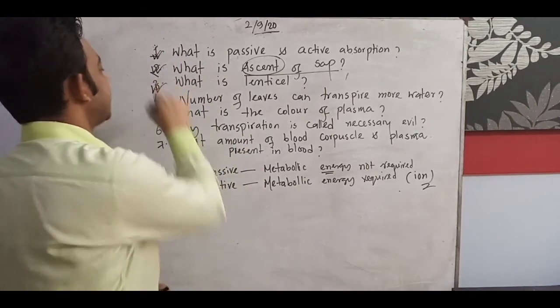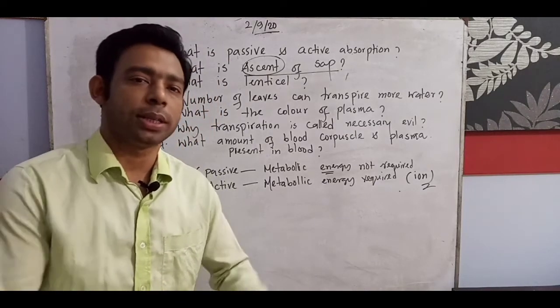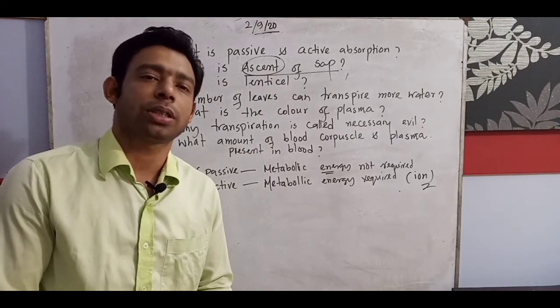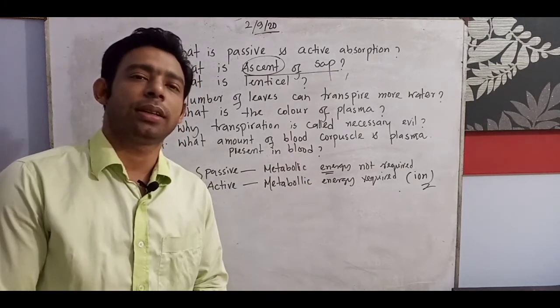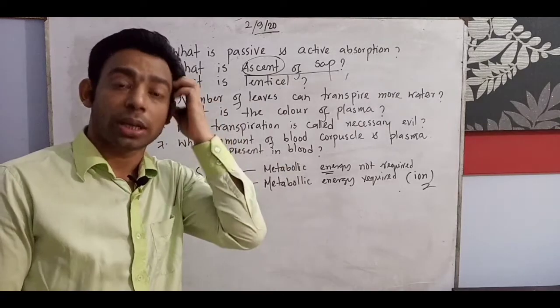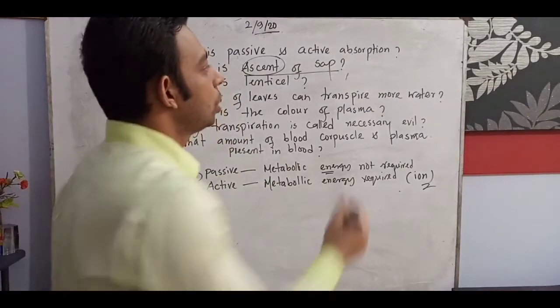What is lenticel? We know there are three kinds of transpiration: cuticular transpiration, stomatal transpiration, and lenticular transpiration. Lenticel occurs on a stem.